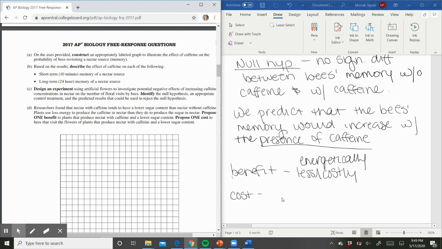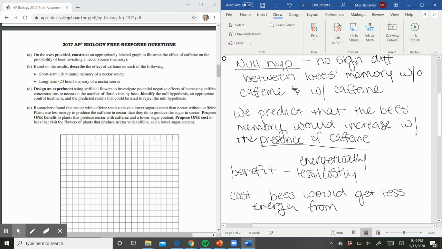They need that glucose for energy. Bees would get less energy from each of the plants because there's not as much sugar. So that would be your cost.